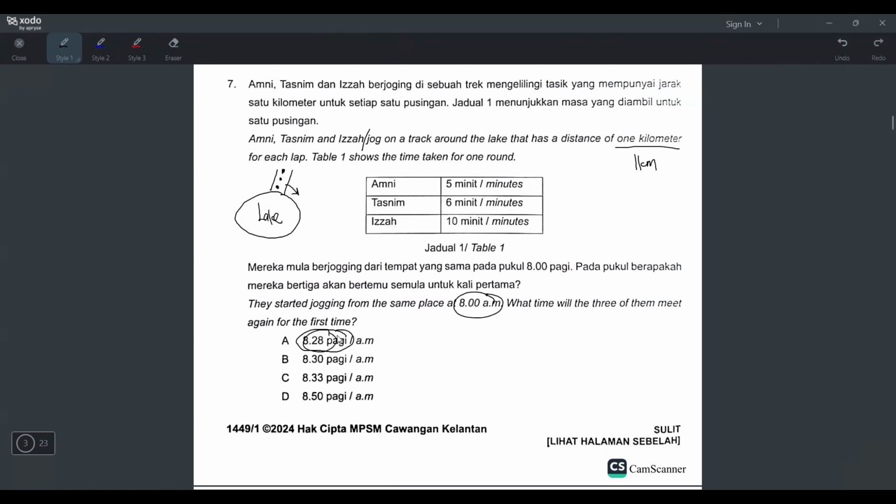So if you start at 8 a.m., after 28 minutes, how do we know where their locations are? Will they be at the same place? Will they meet again for the first time? Actually, no. Because after 28 minutes, if you look at Amni, she takes 5 minutes to complete 1 kilometer.